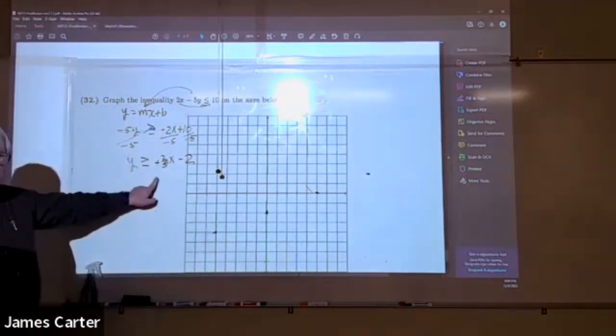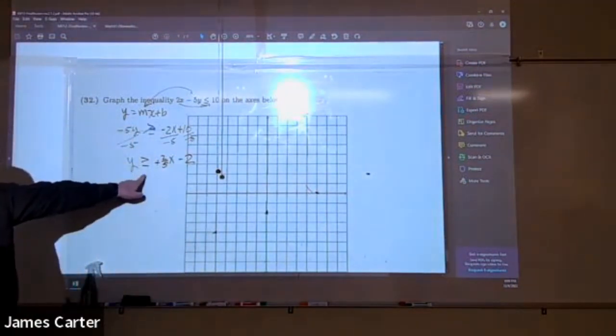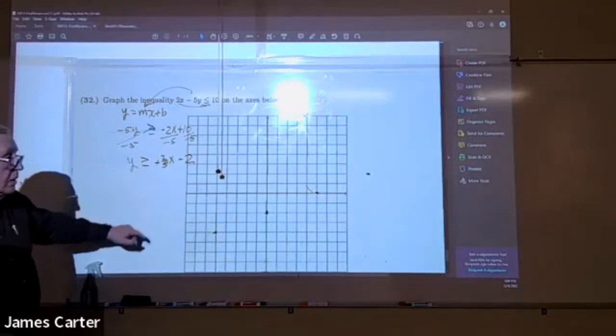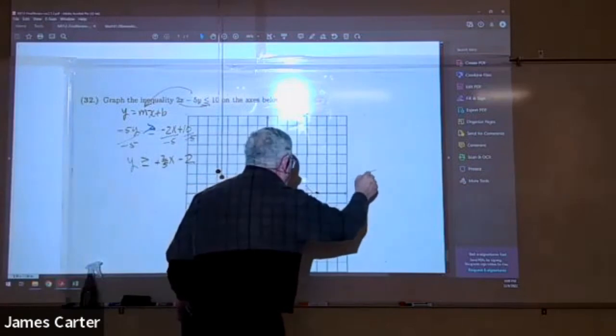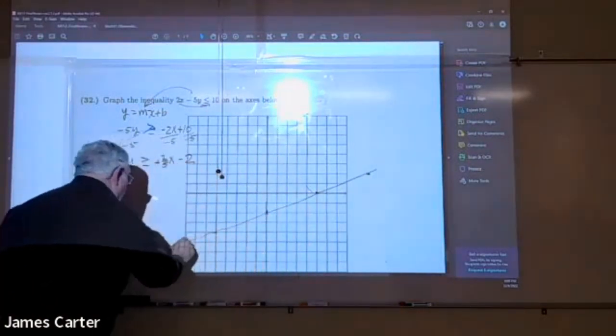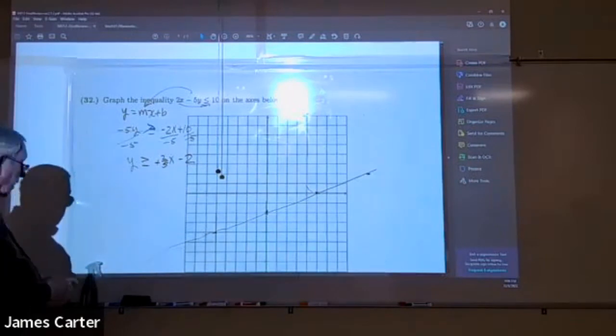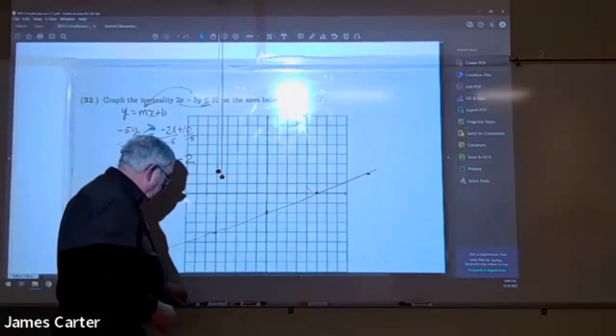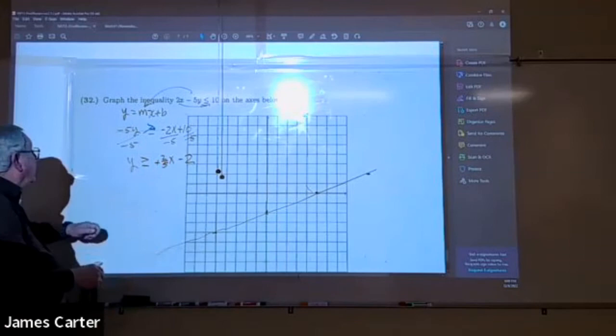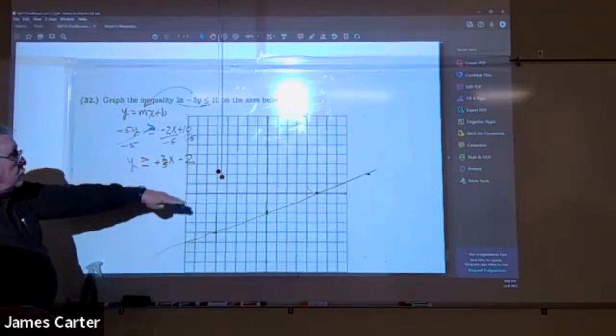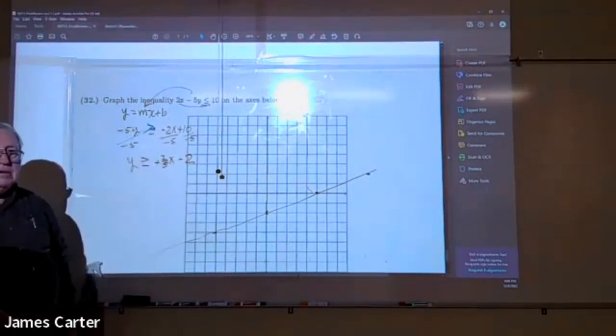Now, is my line going to be solid or dashed? Solid, because of that "or equal." So I draw my line solid. Now, the last part of what we've got to do is analyze which side of that line we shade.